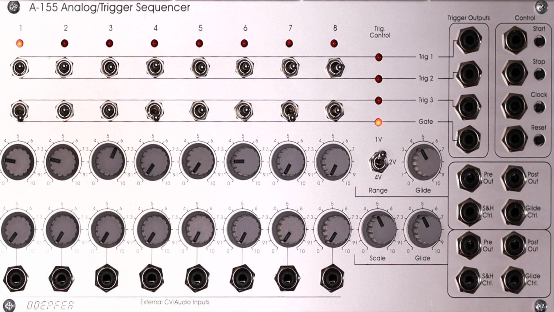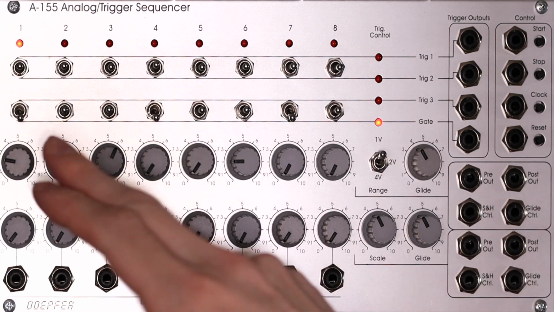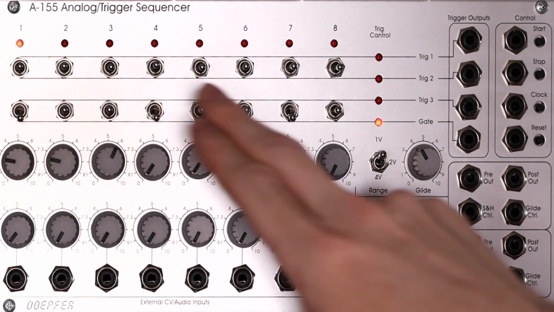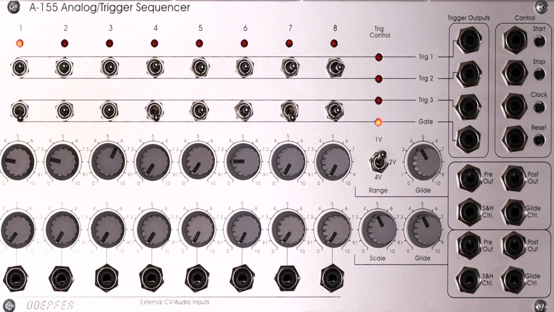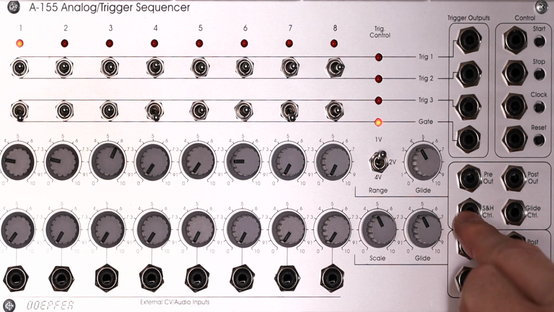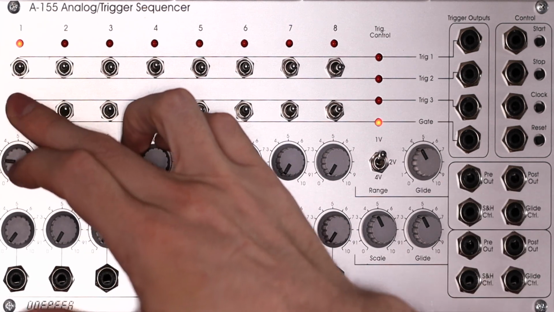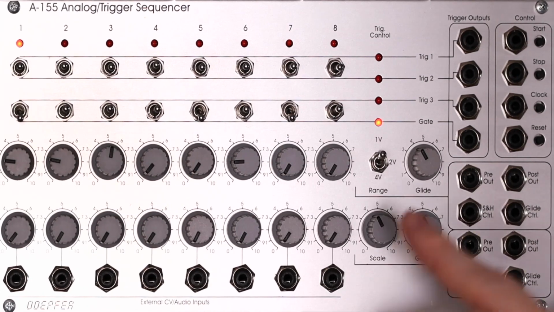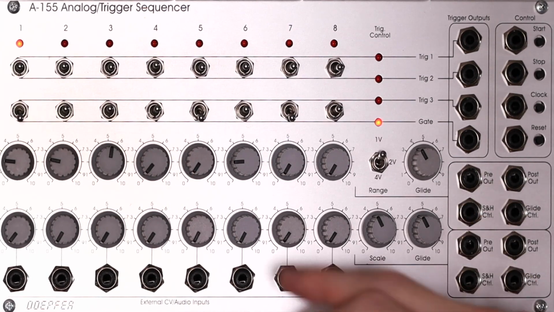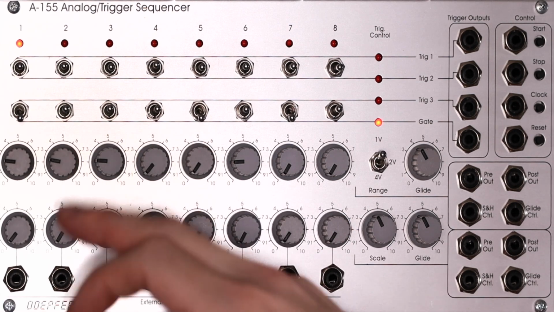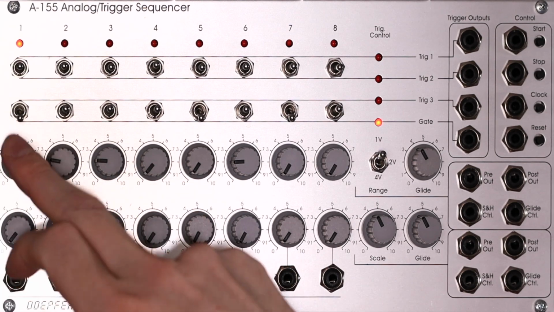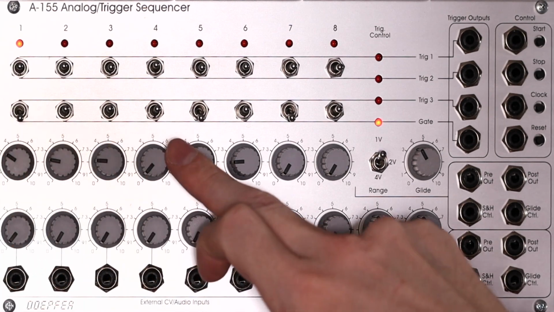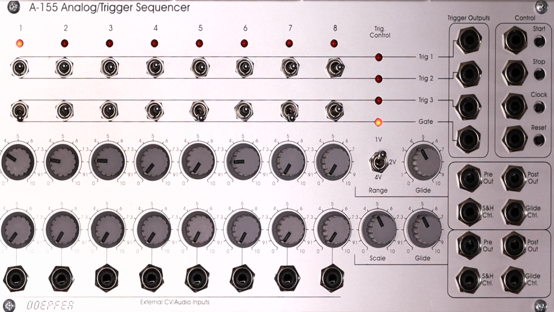But to save all that time, you also can just send that gate signal not only to the ADSR but also to the sample and hold control. If you have a simple sequence going on and you send it to the sample and hold, these in-between steps, they don't matter anymore. If you have a long release, it will just stay on the note that is triggered and then go to the next note that is triggering.